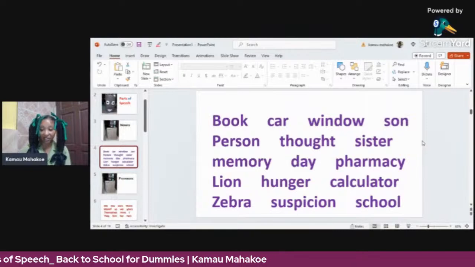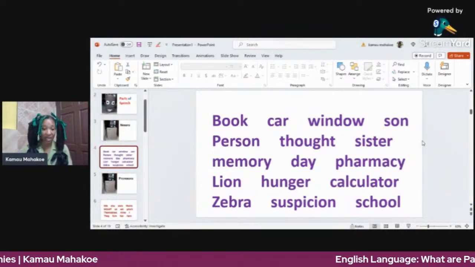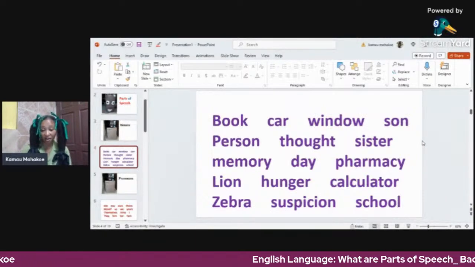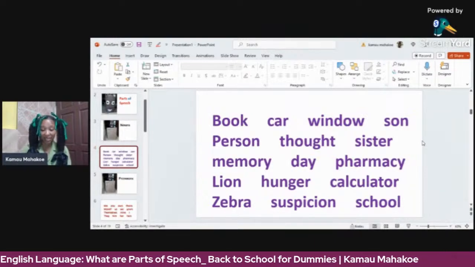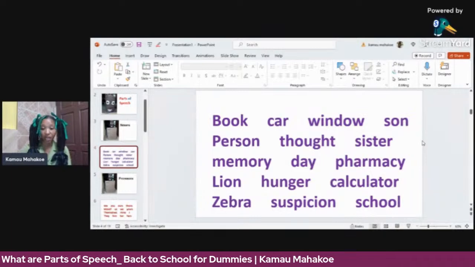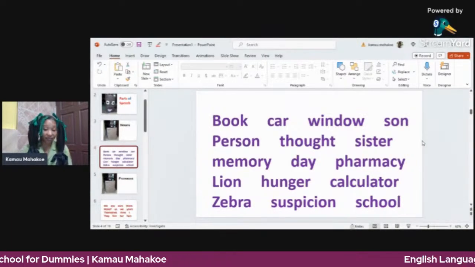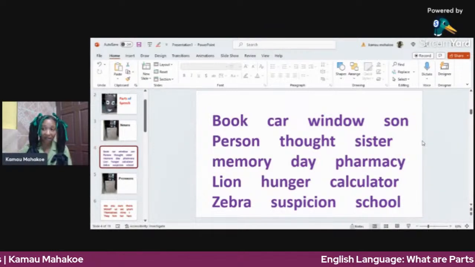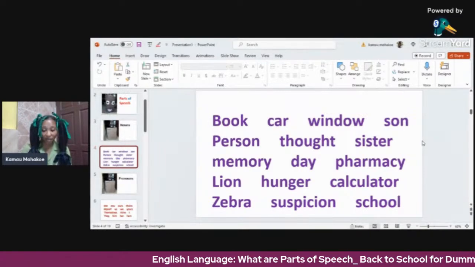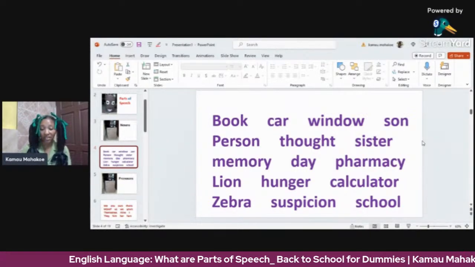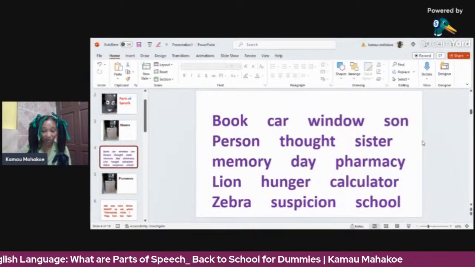So we have sister, memory, day, pharmacy, lion, hunger. Hunger is a thing. You can't touch hunger, you experience it. It's an entity, it's something, it's a noun. Calculator, zebra, suspicion. What is that, right? It's a feeling, it's a hunch. Again, it's abstract. So we are going to be looking at the different types of nouns.